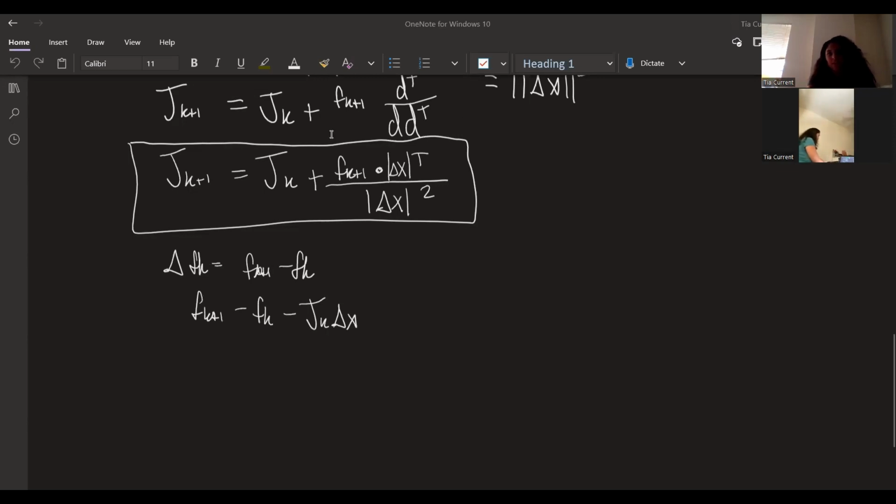And then finally, fk plus 1 minus, and then in parentheses, fk plus jk change in x, right? Because the minus sign's on the outside. We're just going to say that this goes to 0 to make this true, right?